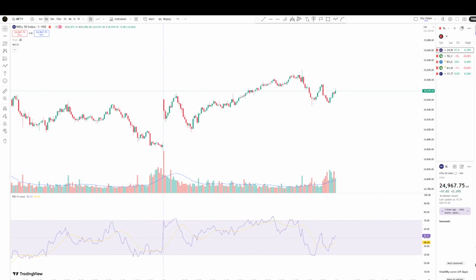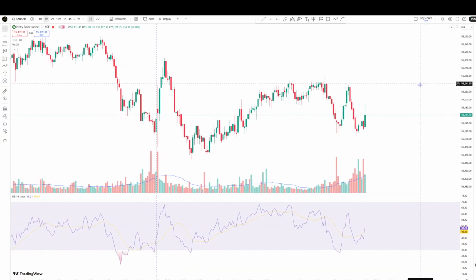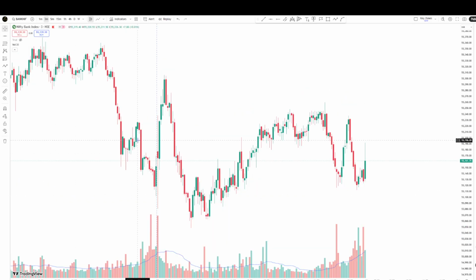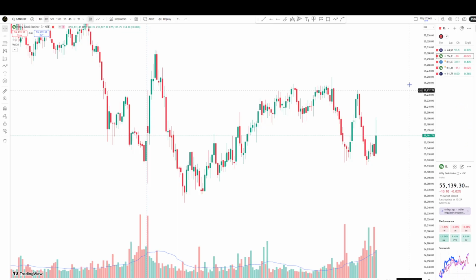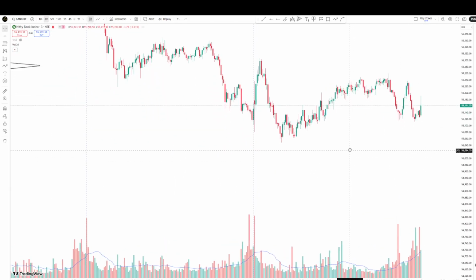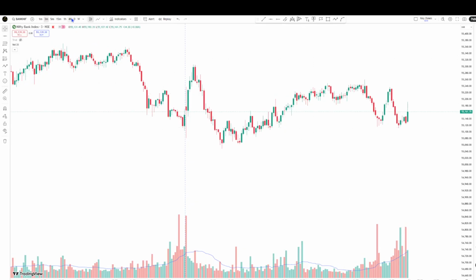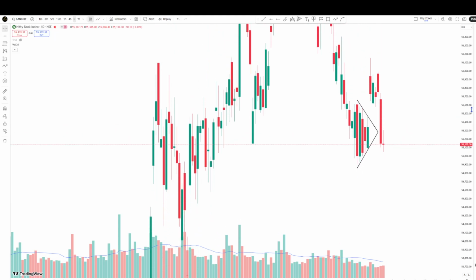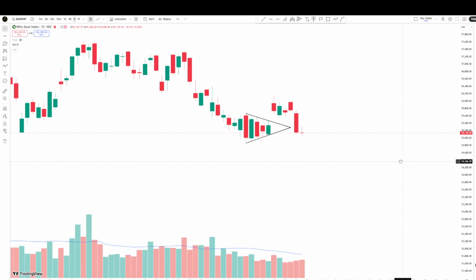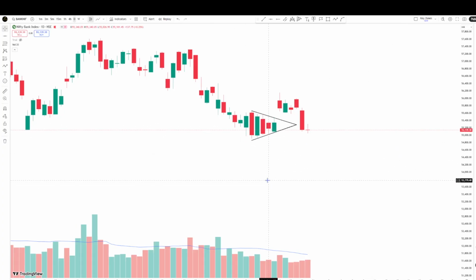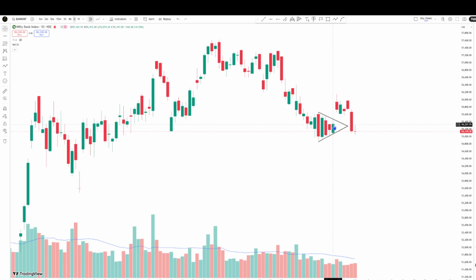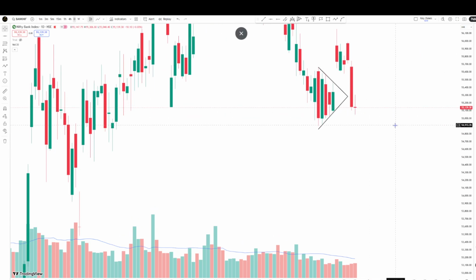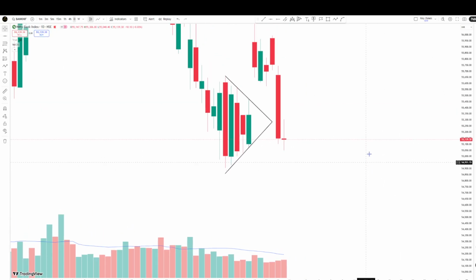Let's move into Bank Nifty. We just remove RSI and daily. This is not a good closing below this candle. 55,134.